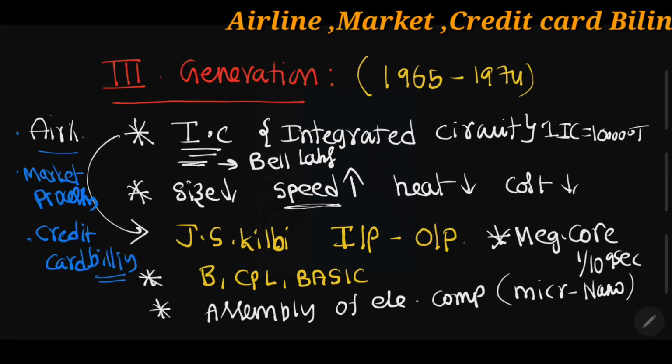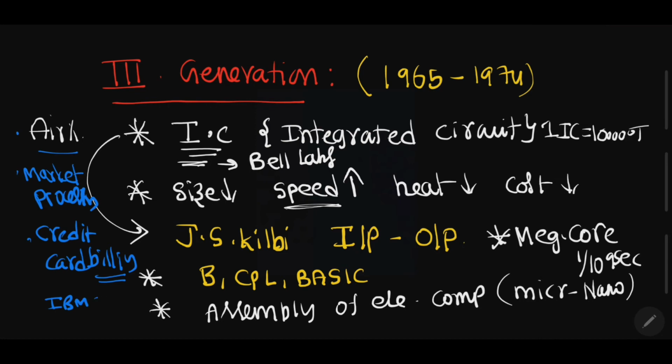These all come under applications of third generation. So IBM 360 and NCR 365 are examples of third generation computers.